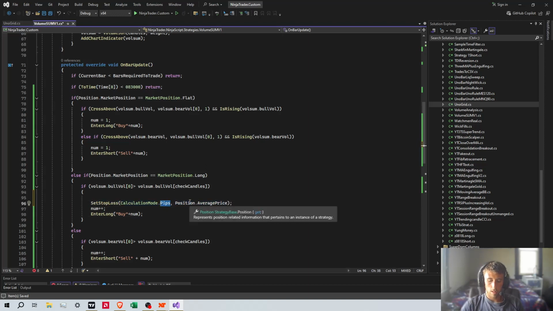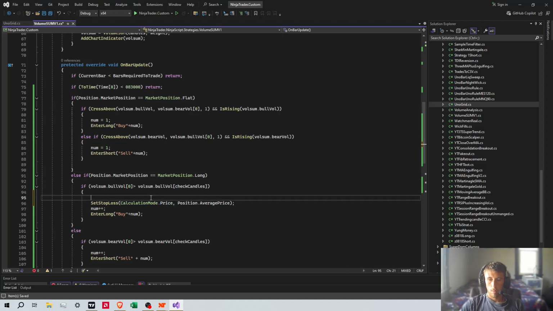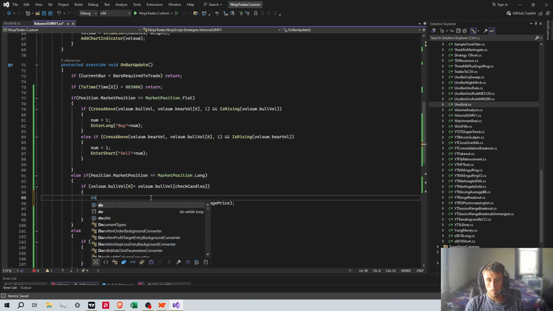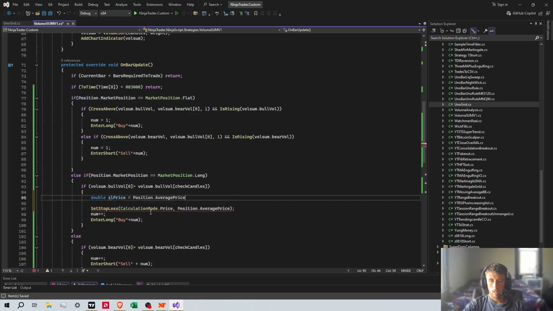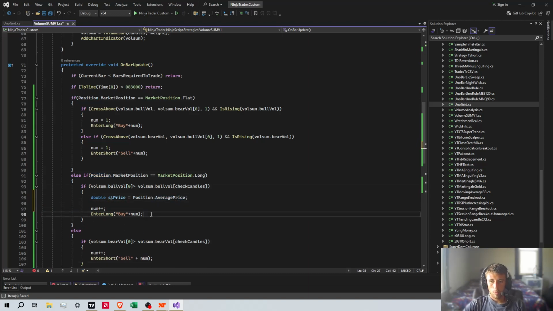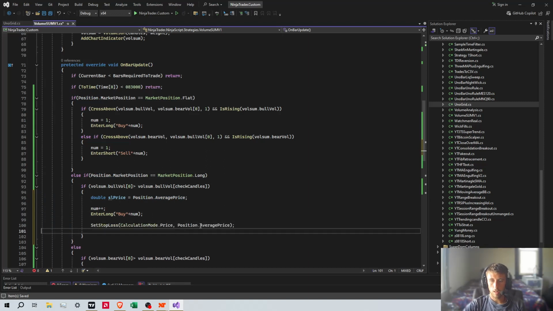So I think what we'll do is, not in pips, in price. But we want to do double stop loss price is going to equal this. And now we just set the stop loss down here to whatever that is.